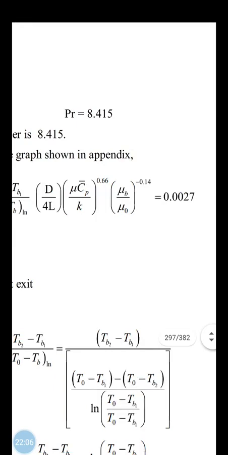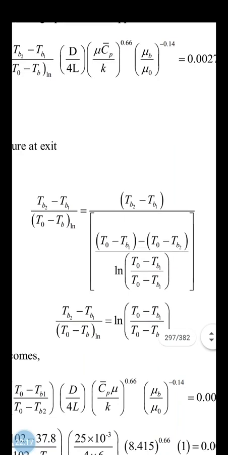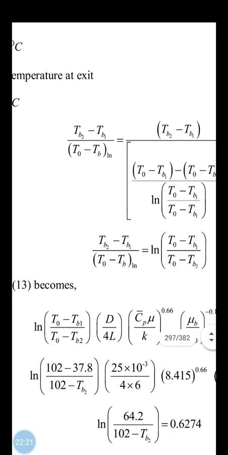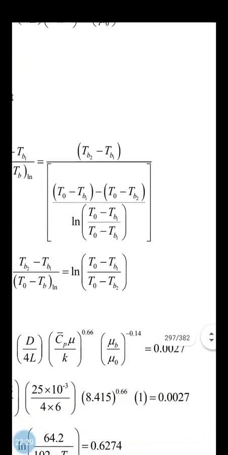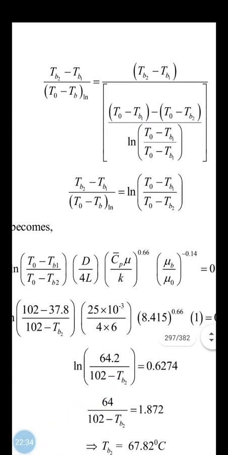So again you can use the same equation. (Tb2 minus Tb1) upon T0 minus Tb ln becomes like this. You can cancel the terms and it becomes ln of (T0 minus Tb1) upon (T0 minus Tb2). So this will be the equation that we earlier studied: D by 4L, Cp mu by k raised to 0.66, mu B by mu naught raised to 0.14 is equal to 0.0027.